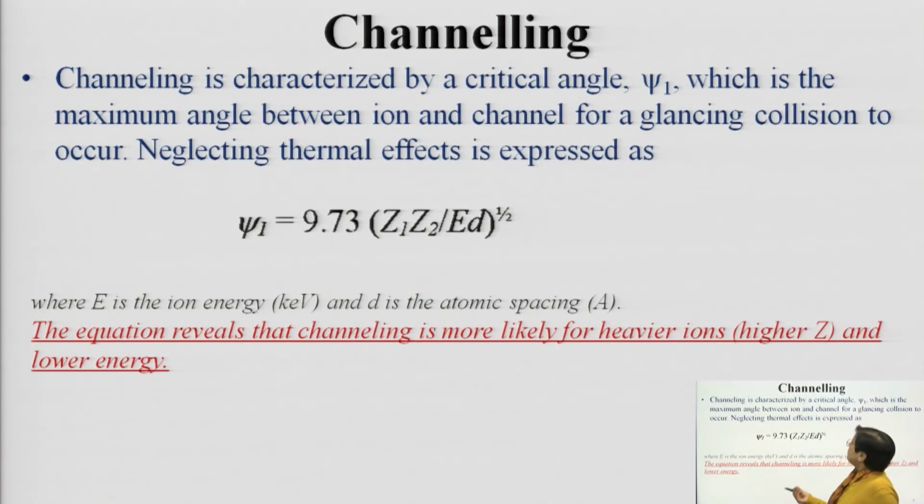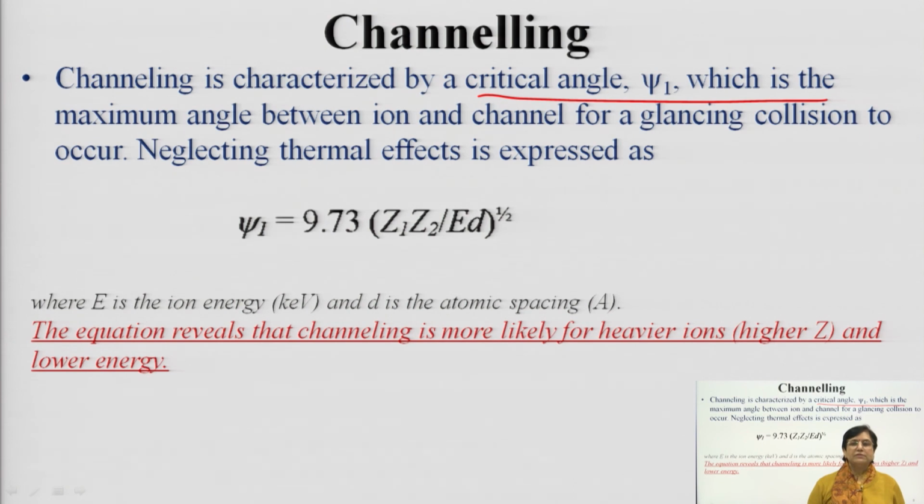Now, how do you define this? Channeling is characterized by the critical angle psi 1, which is the maximum angle between the ion and the channel for a glancing collision to occur.